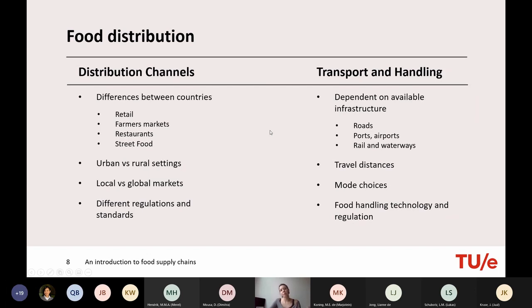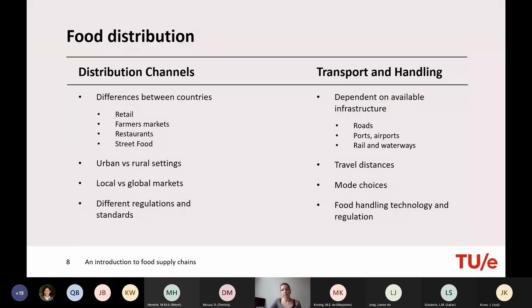On the other hand, with regards to food distribution, we can look at transportation and handling, and that's often dependent on the available infrastructure. So what type of infrastructure do we have within a place? Are there roads that make the place accessible, or do we have a port or an airport close by, or can we reach this place through railway and waterways?